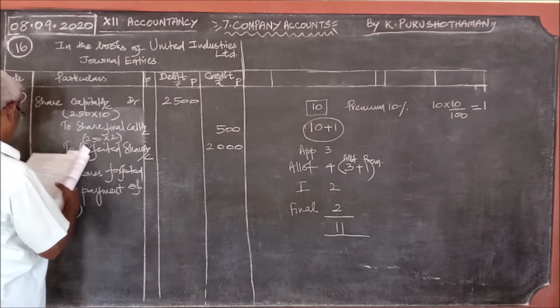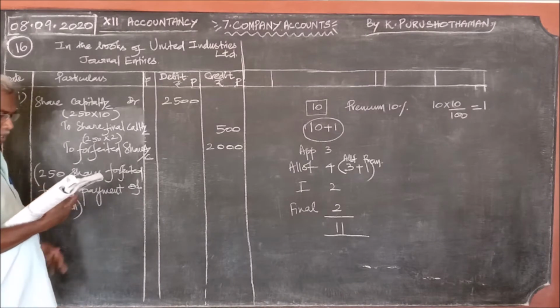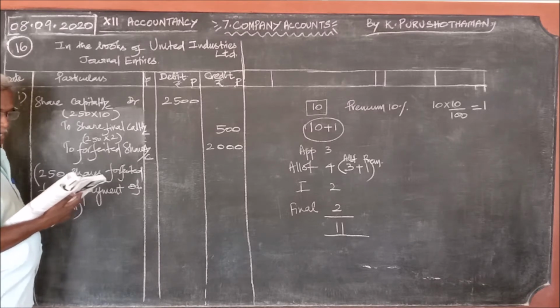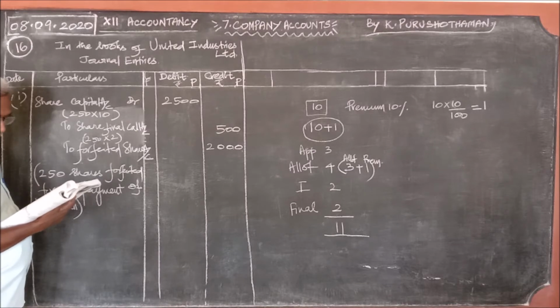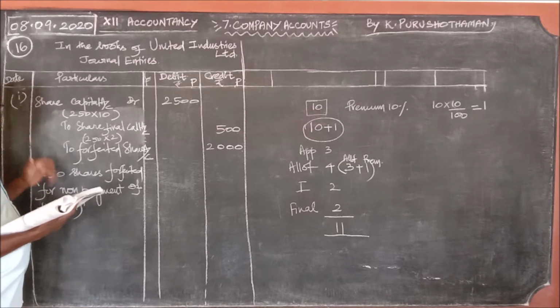It is given there, see the question. Manoj, who holds 250 shares, failed to pay the second and the final call. Both are one and the same, second and the final call. Therefore, this is the journal entry for forfeiture.